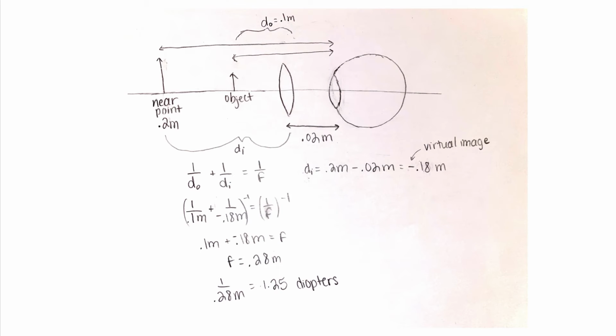We'll first subtract the distance between the eyeglasses and the eye from the near point to obtain dI. Now we can input both dO and dI into the lens equation, where dI is negative because a virtual image is being made. In doing this, you can see we get f equals 0.28 meters and therefore positive 1.25 diopters.